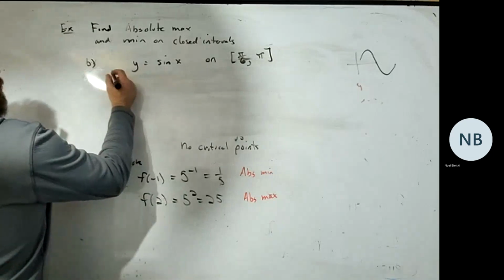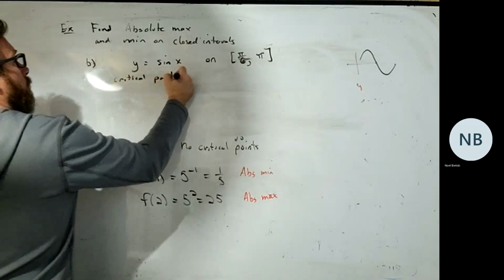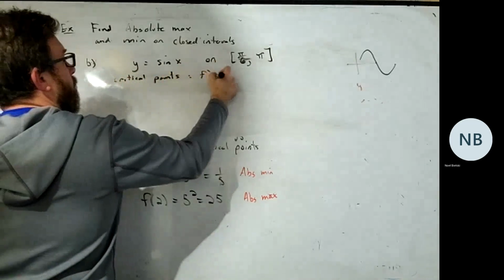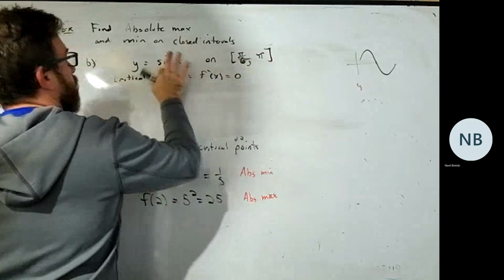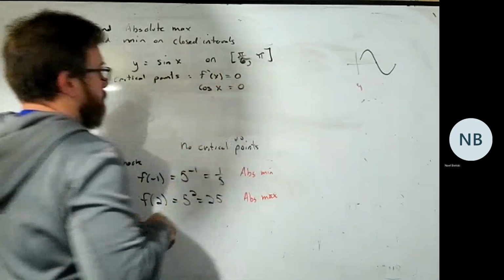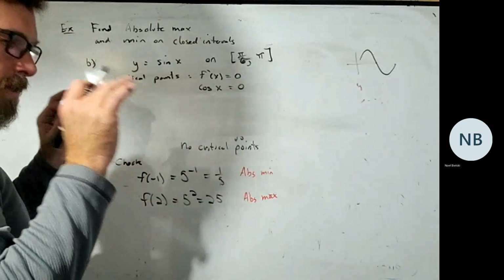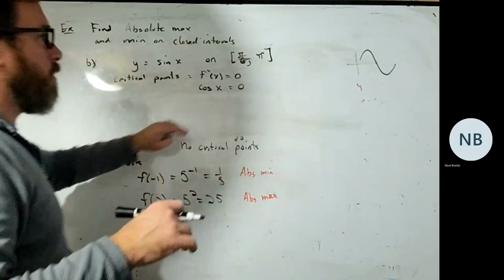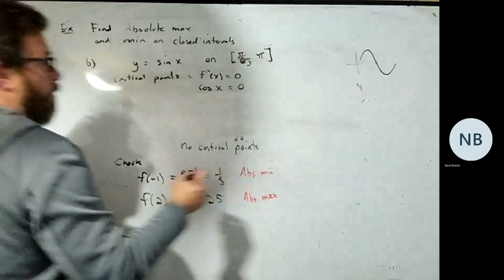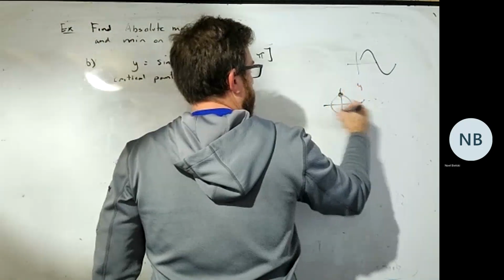So what we're going to do is get critical points. This is when f prime of x is equal to 0. So the derivative of sine is cosine of x, and we set cosine of x equal to 0. And remember, cosine is the x coordinate. So when you're looking at the unit circle, the cosine will equal 0 here and here.